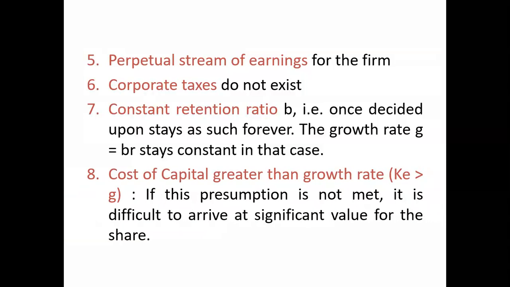So, cost of capital should always be greater than g. g means growth rate, that is, the retention ratio b, the fraction of earnings the firm plows back. It should always be less than Ke. Ke should always be greater than the growth rate of the firm.